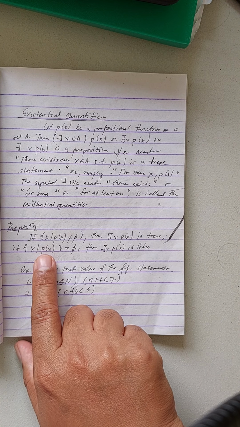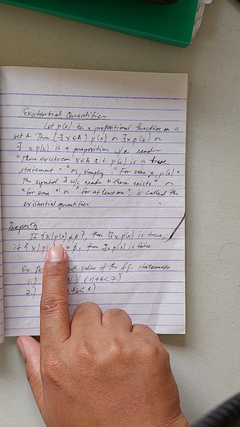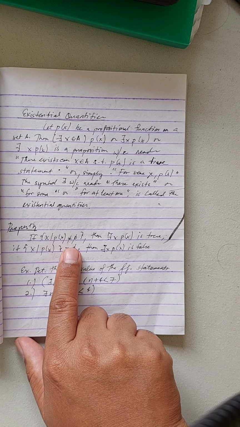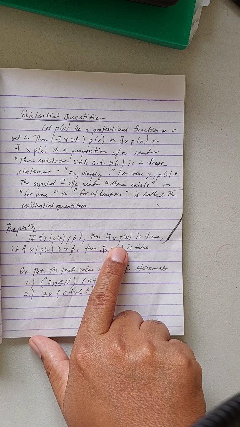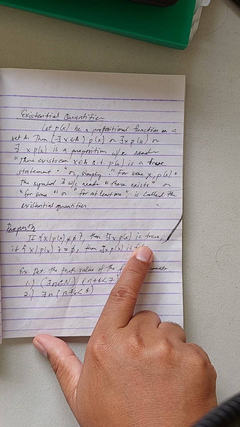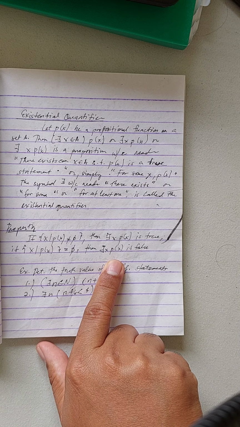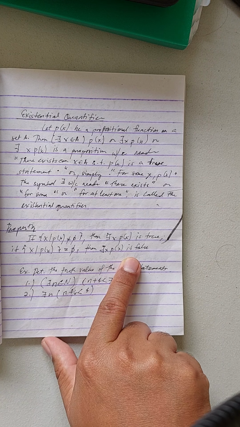For its property, if the set of x elements in the proposition is non-empty, then there exists x in the proposition is true. If it is empty, then the proposition is false.